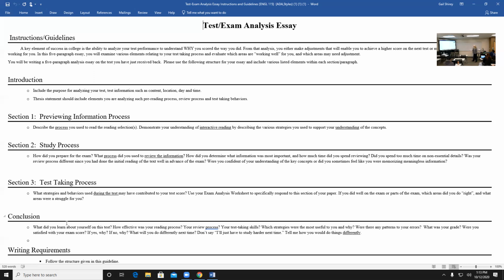But pick one or two things that you think you're going to do next time differently, with the aim of either improving your score or getting easier at taking the test without looking as much in the book. So think about that. That's what you have to have in the content. That's what you're writing about, okay? In this particular writing assignment.